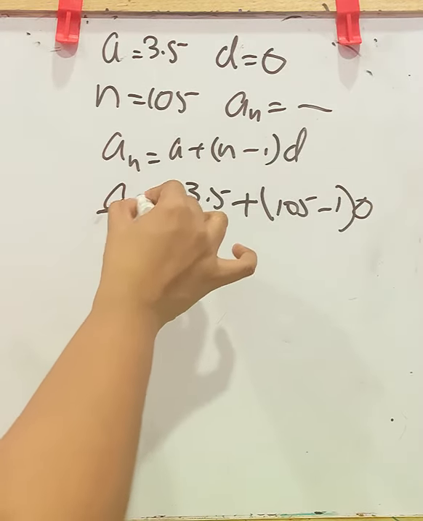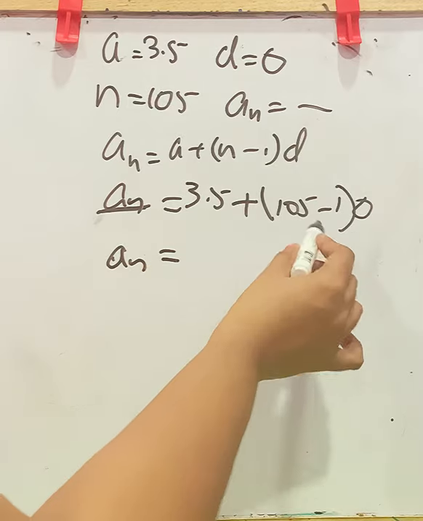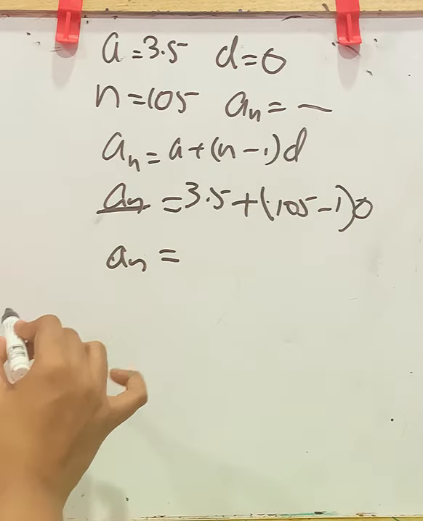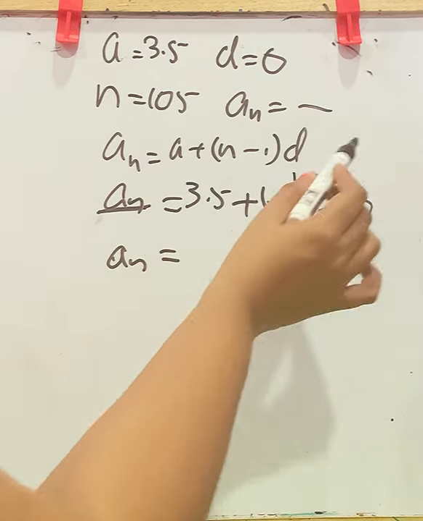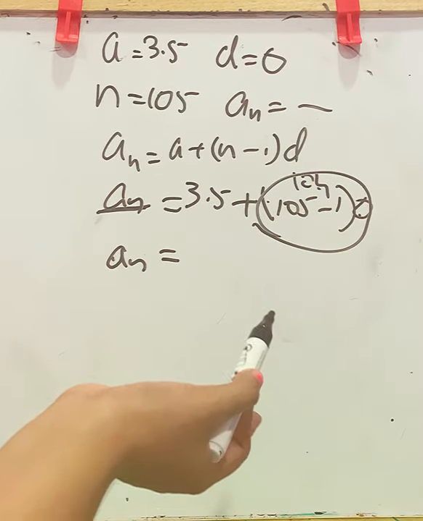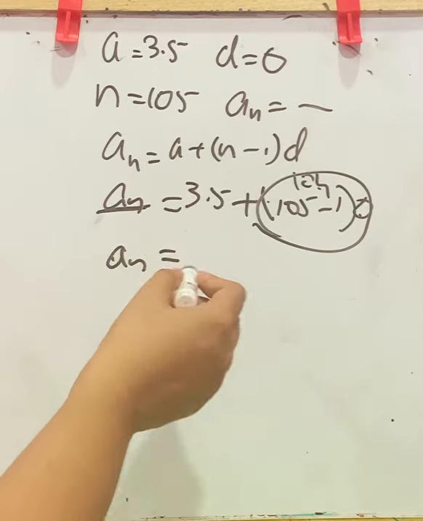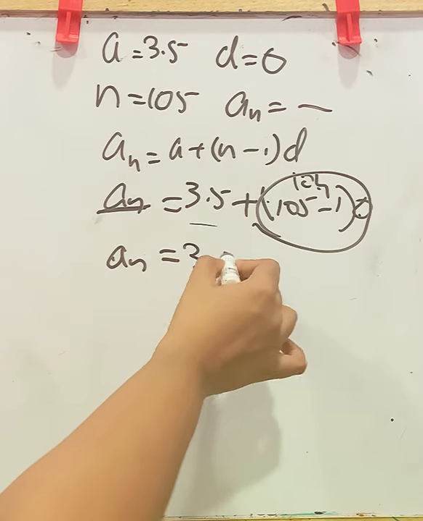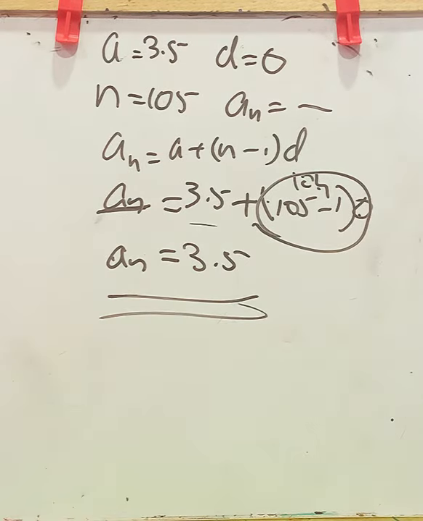Now an equal to, here 105 minus 1 is 104. Into 0 means this whole term becomes 0 because multiplication with 0 ends with the result 0. So the balance will be 3.5. That is an equal to 3.5.